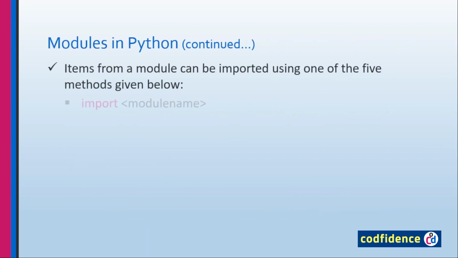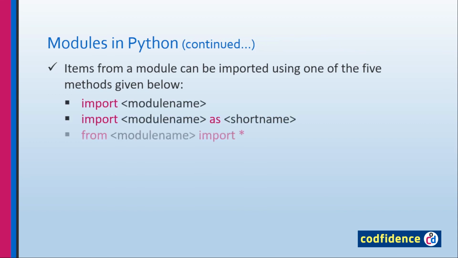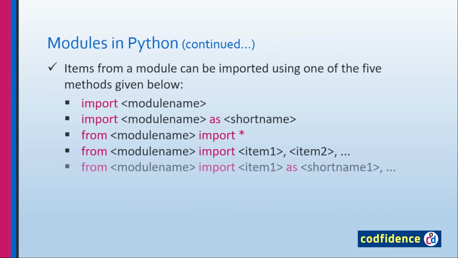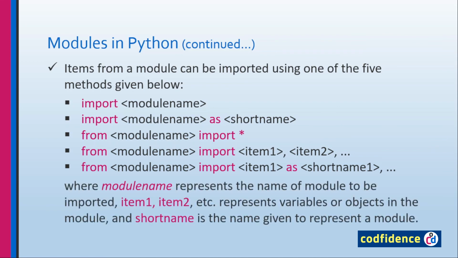Items from a module can be imported using one of the 5 methods given below, where module name represents the name of the module to be imported. Item 1, item 2, etc. represent variables or objects in the module, and short name is the name given to represent a module.